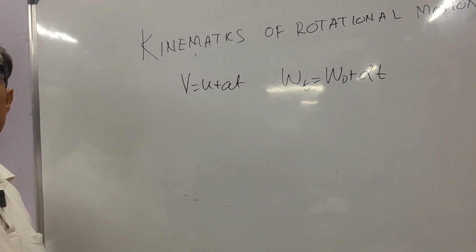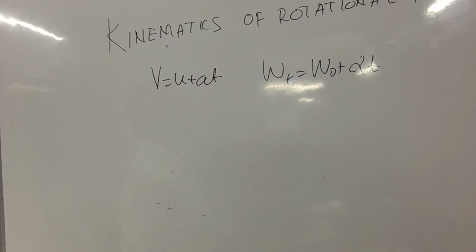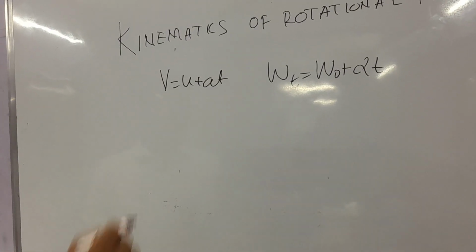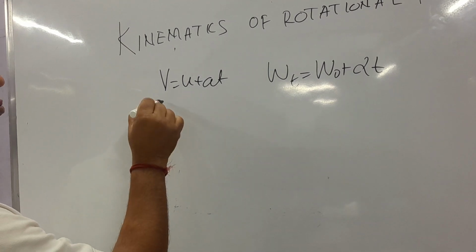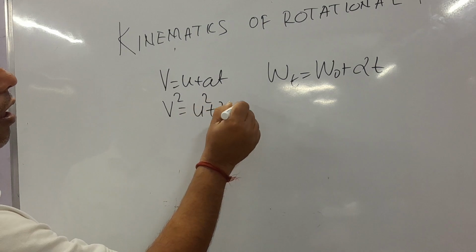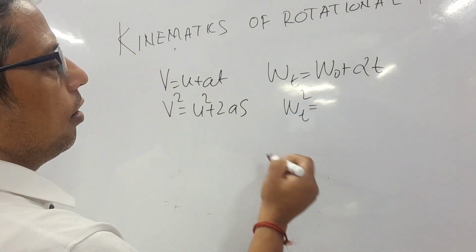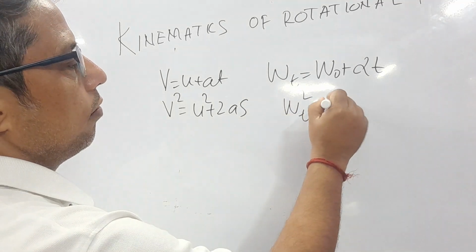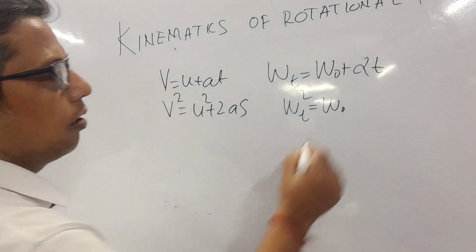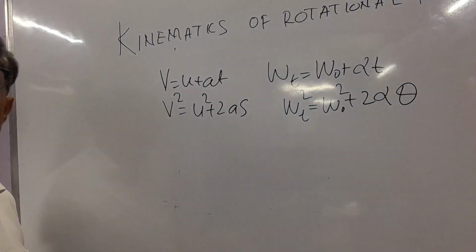Next, v squared equals u squared plus 2as. Here the final angular velocity squared equals the initial angular velocity omega 0 squared plus 2 alpha theta.